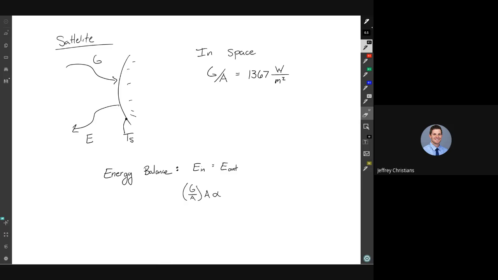Obviously those A's cancel out, but just to be clear. That equals how much is being emitted, which is A times epsilon times sigma T_S to the fourth.